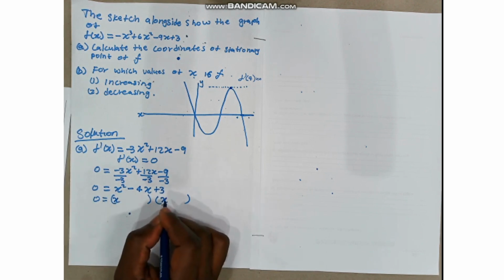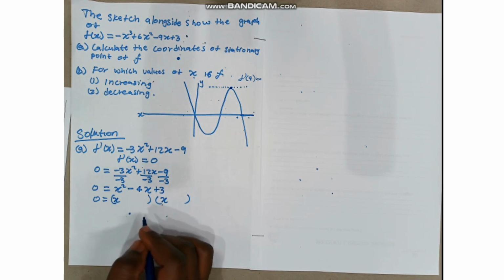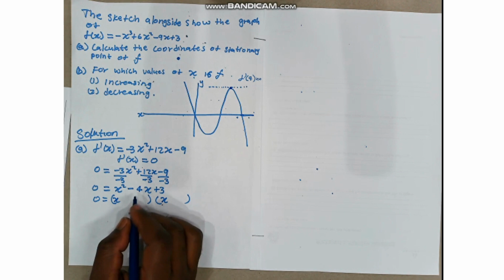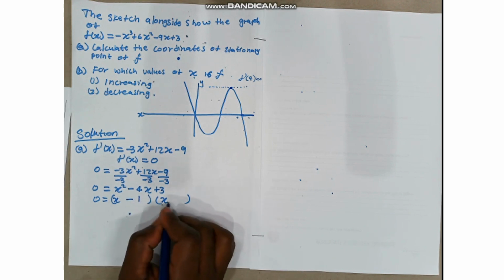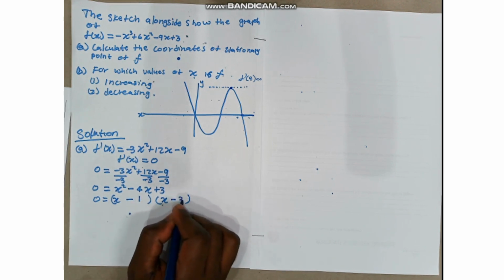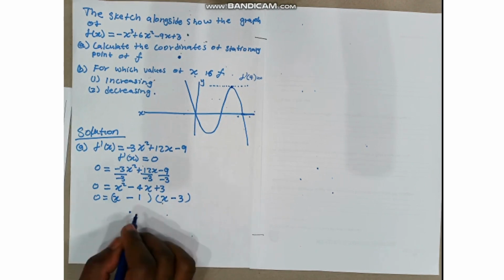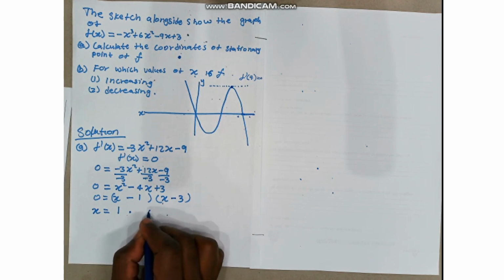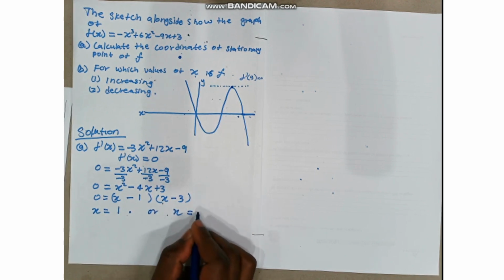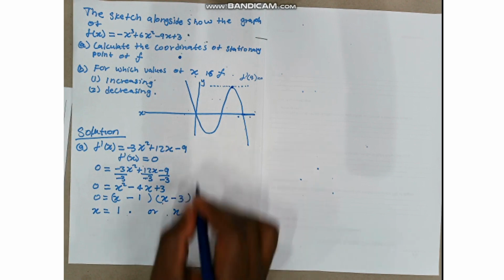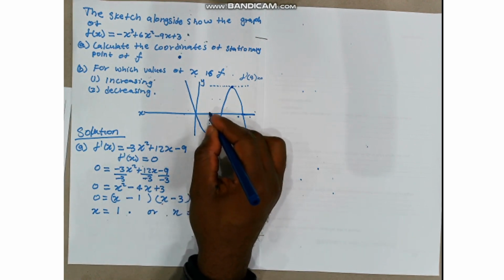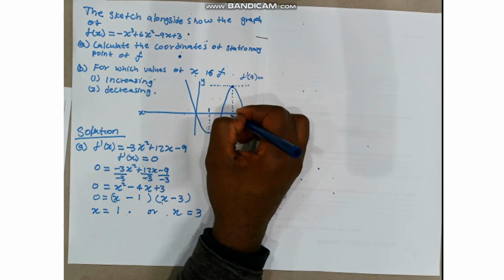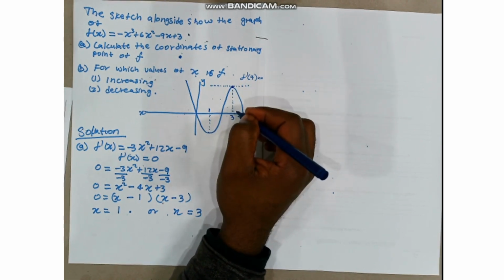I hope you know how to factorize. If you don't know how to factorize, you can use the quadratic formula, it's still applicable, guys. From this, x is equal to 1 or x is equal to 3. I hope it makes sense.